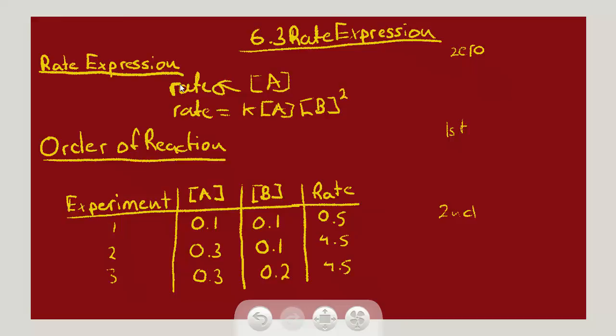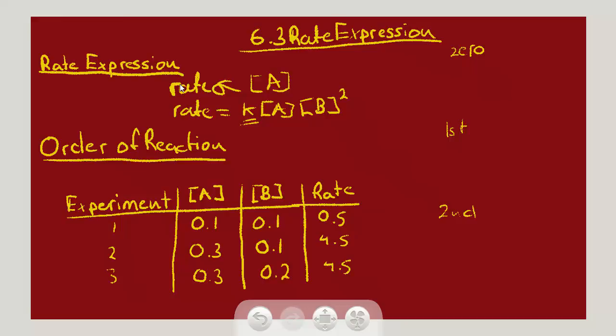So the K value is known as the rate constant, and this is a constant of proportionality relating the concentration in the experimentally determined rate expression to the rate in the chemical reaction. And then the exponent here is known as the order of the reaction, with respect to a particular reactant, the power of the reactant concentration in the experimentally determined rate equation.